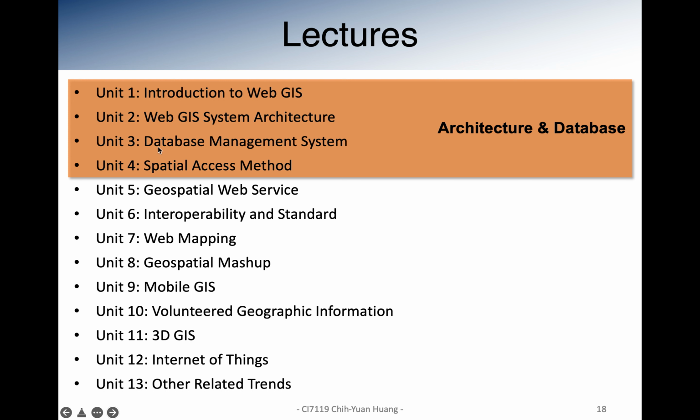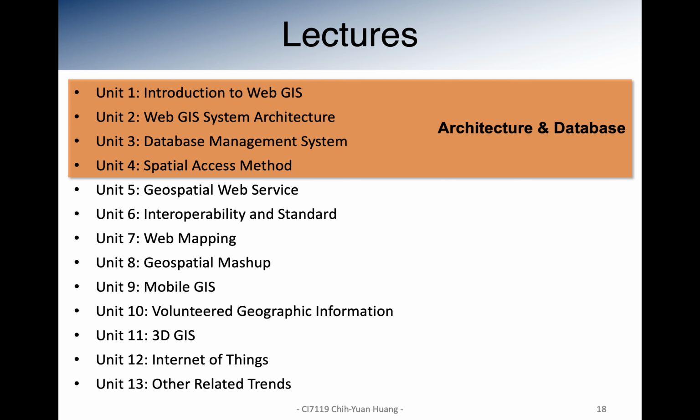Then the third part is the foundation of WebGIS or any GIS system, which is the database management system. Unit 3 is about some basic concepts of it, and Unit 4 is the spatial access method, which leads to the spatial database.